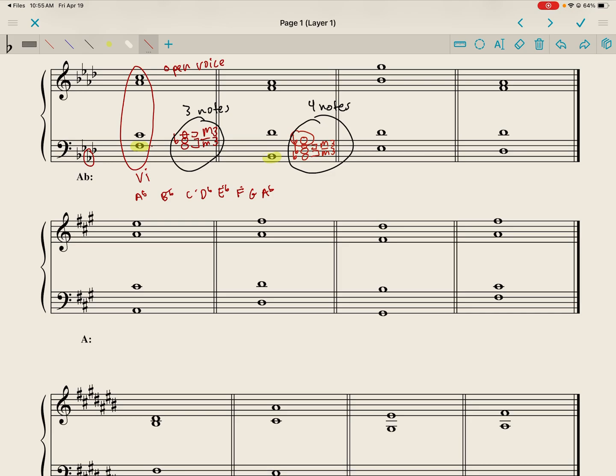So you're going to write that, and you know that B flat is the second scale degree in A flat major, so you'll write a 2 chord. But what differentiates B flat D flat F from B flat D flat F A flat is adding a 7 next to it. So if you just add that 7 when you have 4 notes written in your condensed version versus 3, you're set.